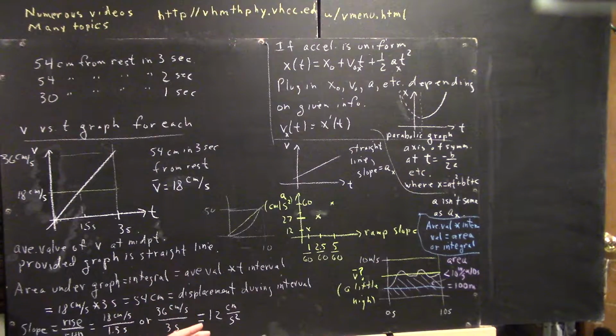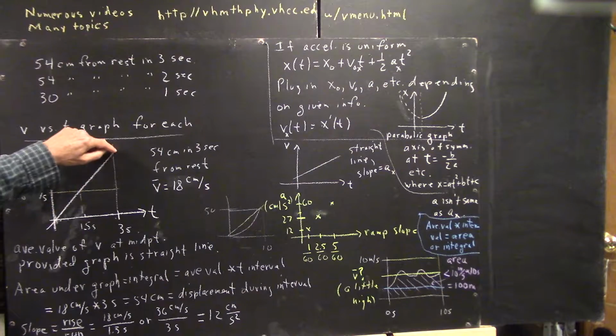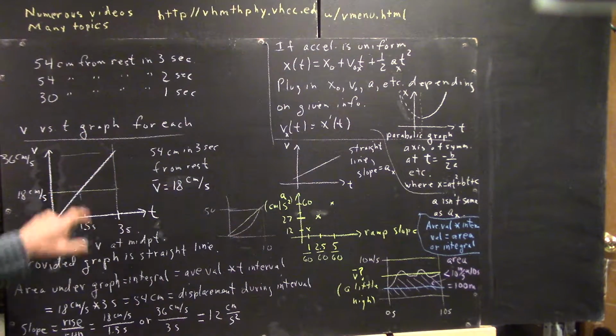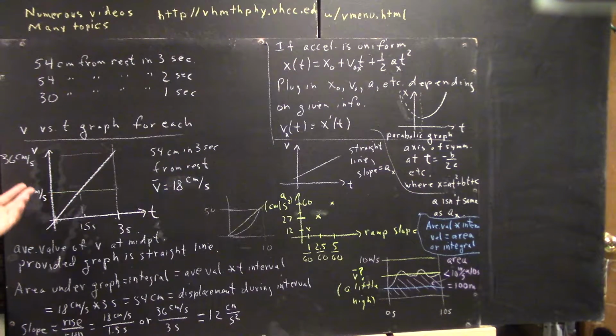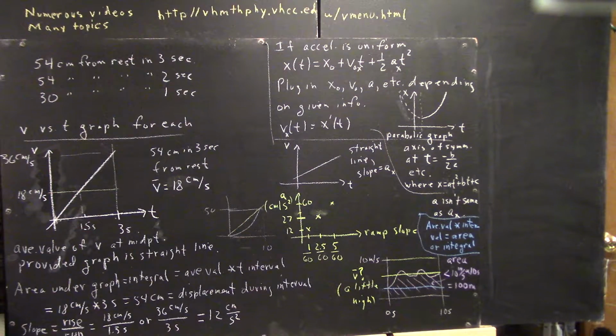Well, that's not right. I mean, it does work here. It does work for this interval, and it also works for the interval from 0 to 1.5 seconds. Final velocity would be 18 centimeters per second, and the run, the change in the time, would be 1.5 seconds.